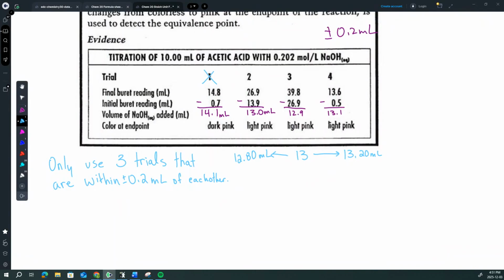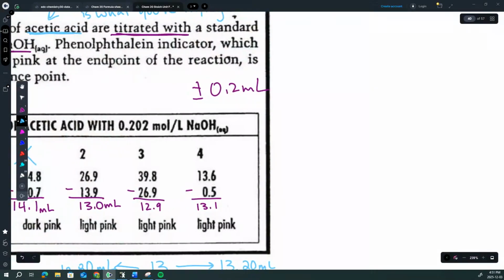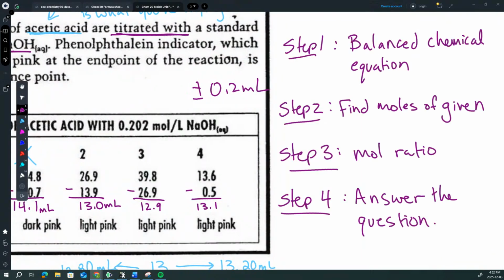All right, this is ultimately going to be a solution stoichiometry question. So we're going to go back to our 4 steps of solving stoichiometry questions, which I'm going to write out quickly here.